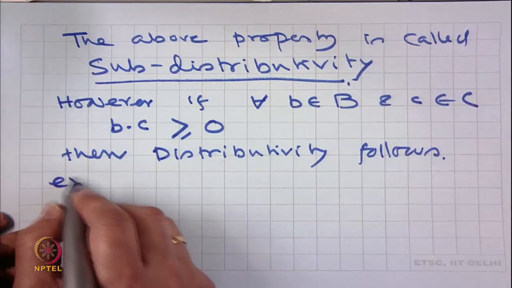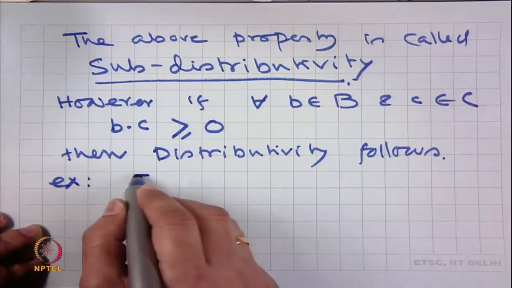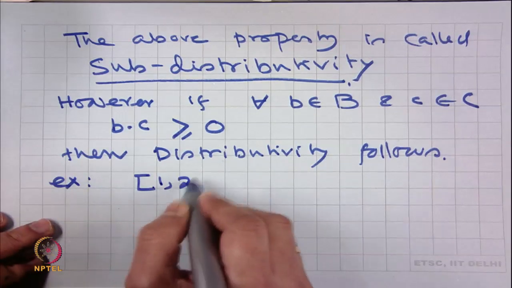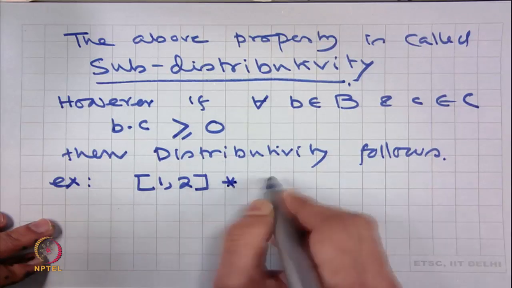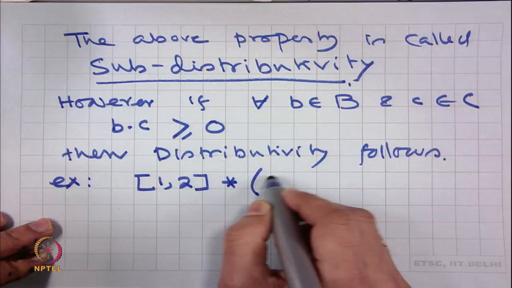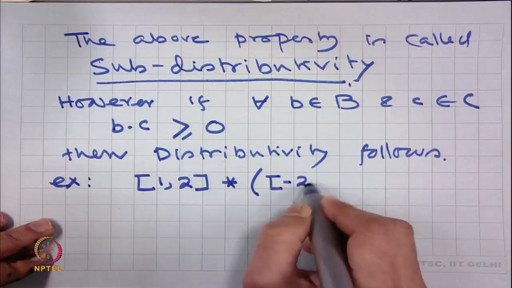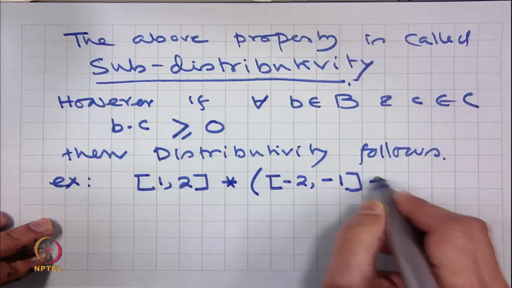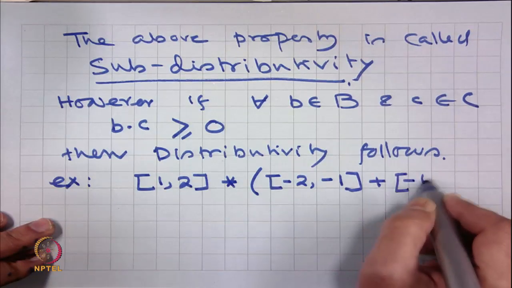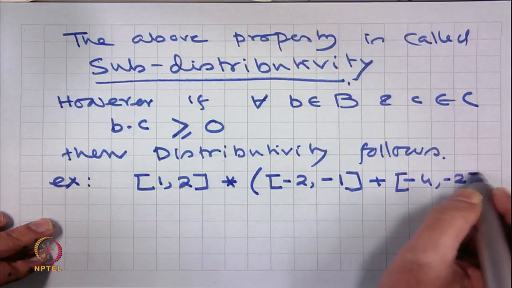Say for example, [1, 2] star [-2, -1] plus [-4, -2].